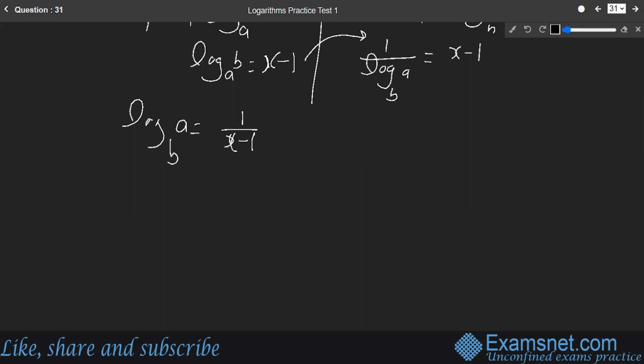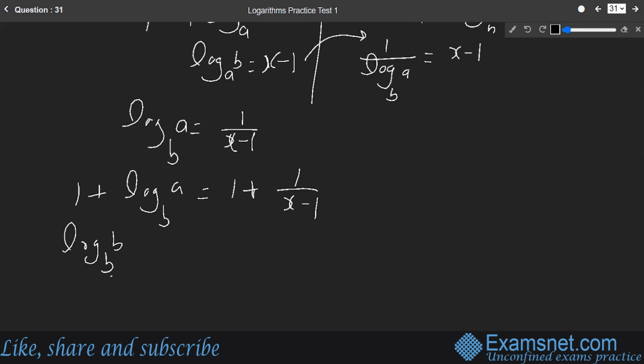For that, we add 1 on both sides: 1 plus log base B A is equal to 1 plus 1 over x minus 1. Why this addition? Because in place of this 1, we write log base B B, since base and number are the same, it is always 1. We write log base B B so that, with the same base B, we can operate them together and make log base B AB.